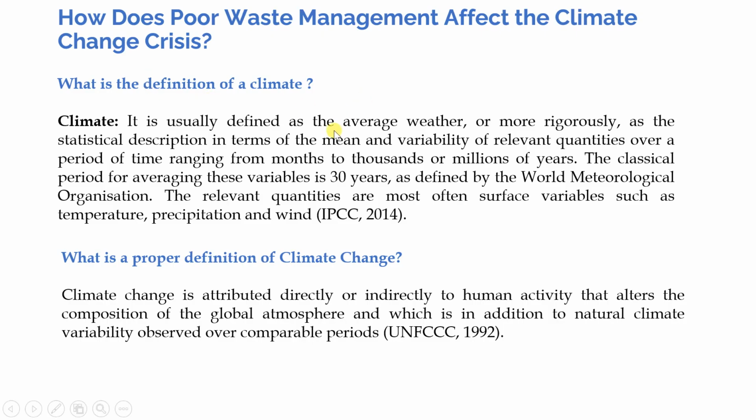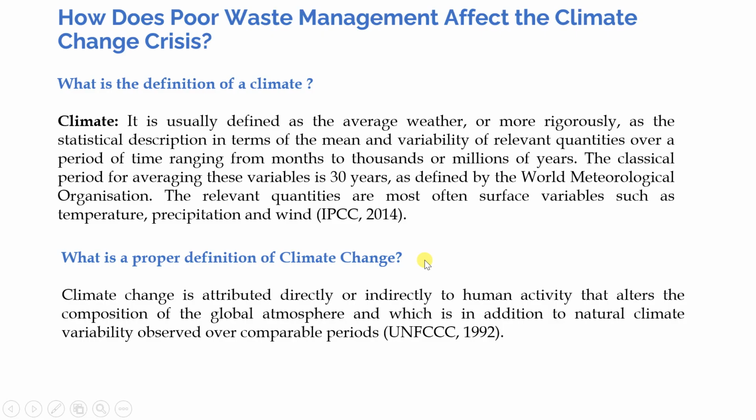It's usually defined as the average weather, or more rigorously as the statistical description in terms of mean and variability of relevant quantities over a period of time ranging from months to thousands or millions of years. The classical period for averaging these variables is, for example, 30 years, as defined by the World Meteorological Organization. The relevant quantities are most often surface variables such as temperature, precipitation, and wind.